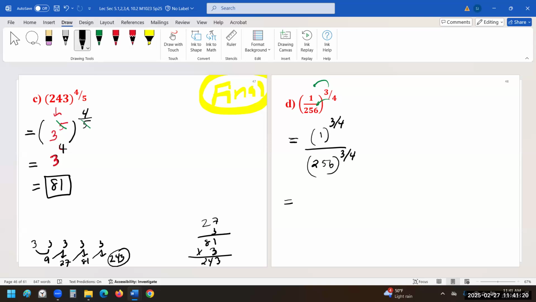Now, what is 1 to any power? 1. So the numerator is simply 1, but for the denominator, you have to do your math.